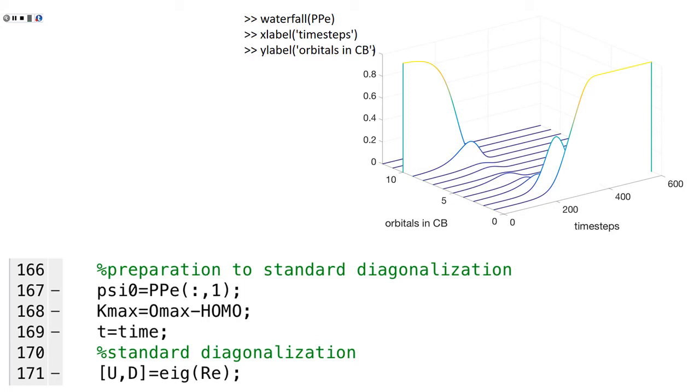So it is the occupation of each orbital in the conduction band. No, it doesn't allow annotation right now. If originally we put 100% occupation to LUMO plus 10, as time passes by, it will lose occupation, and some orbitals, LUMO plus 9, plus 8, plus 7, will gain a little occupation.